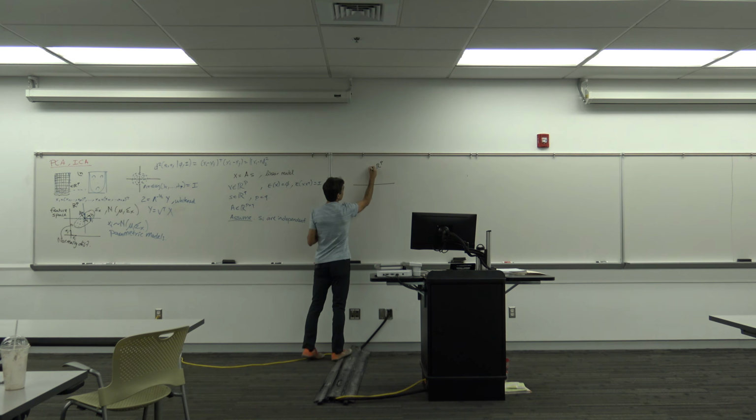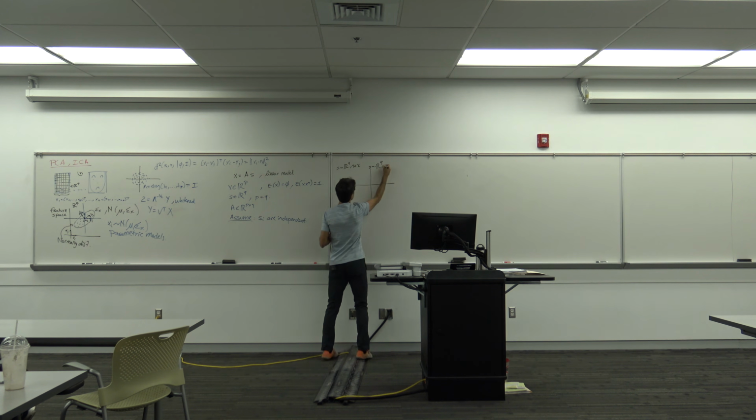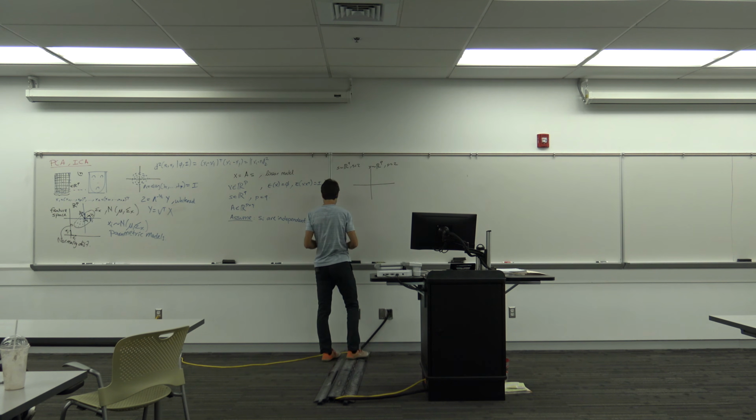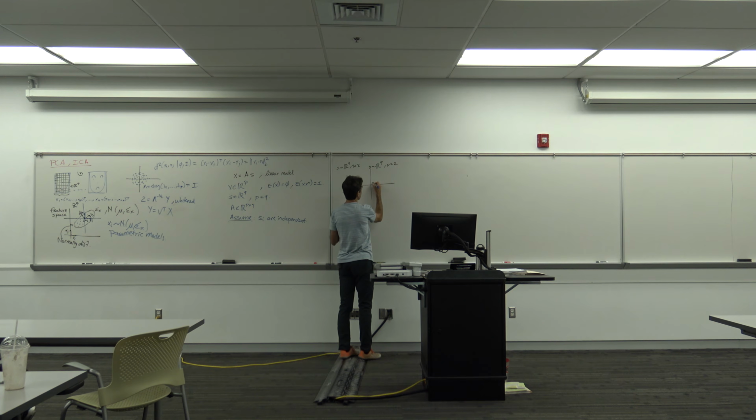So X are drawn from this, and my S's are drawn also from this, which I'm going to call Q equal to 2, P equal to Q. So R2 and R2.